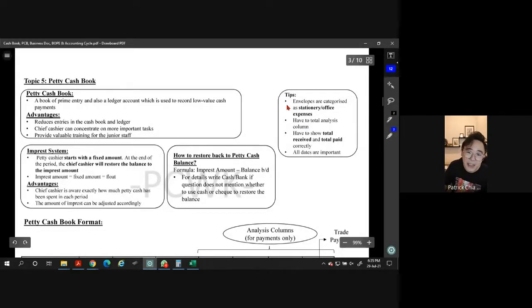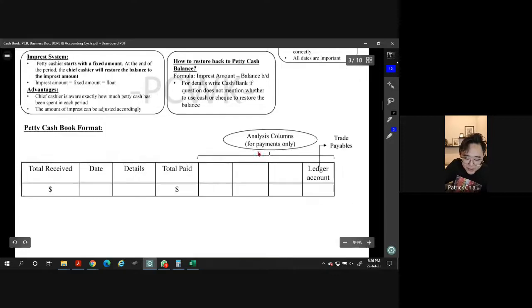Yes, if you guys see the word envelopes, later on they ask you the analysis column, right? They'll ask you something like where to put them. You see, in the petty cash book format, what's important is, after you say, okay, I paid for this thing, then you need to know which heading to put it under, right? Which title of the accounts, correct or not? And let me find one question.